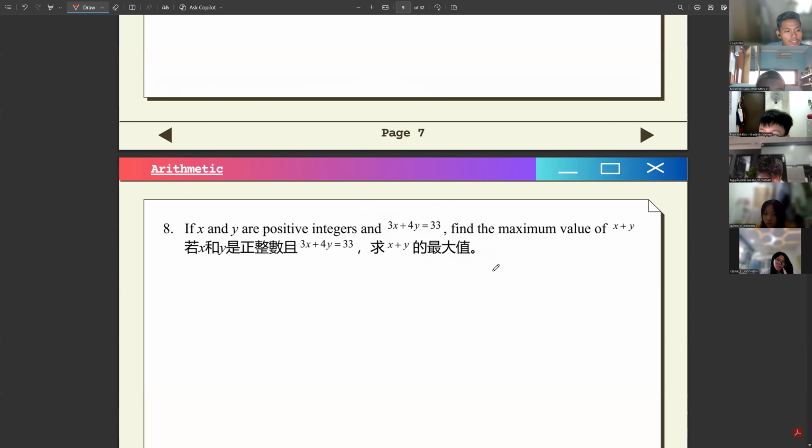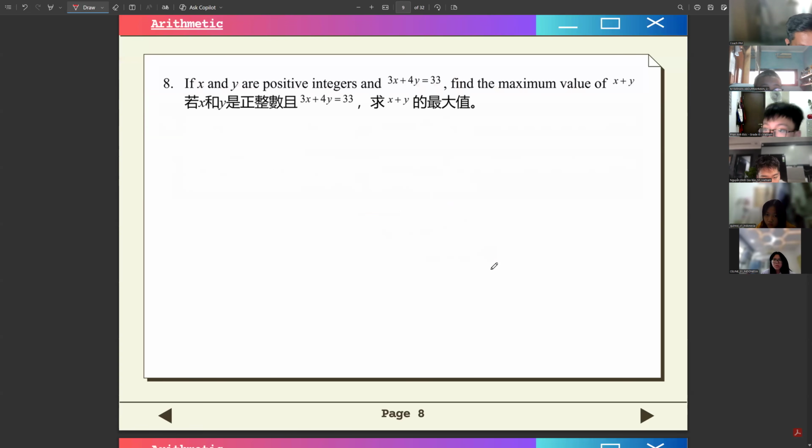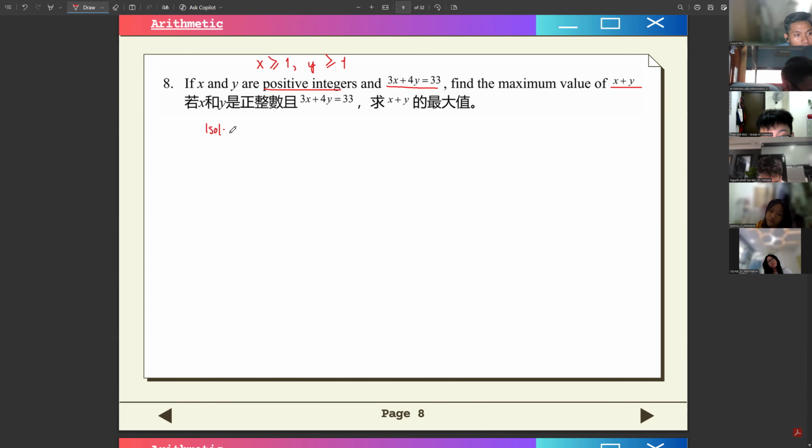Next problem. If x and y are positive integers, and it follows the equation 3x plus 4y is equal to 33, find the maximum value of x plus y. Okay, take note, positive integers. So your x should be greater than or equal to 1. Your y should be greater than or equal to 1 also. Now, our technique here is how about we isolate one variable from this equation.